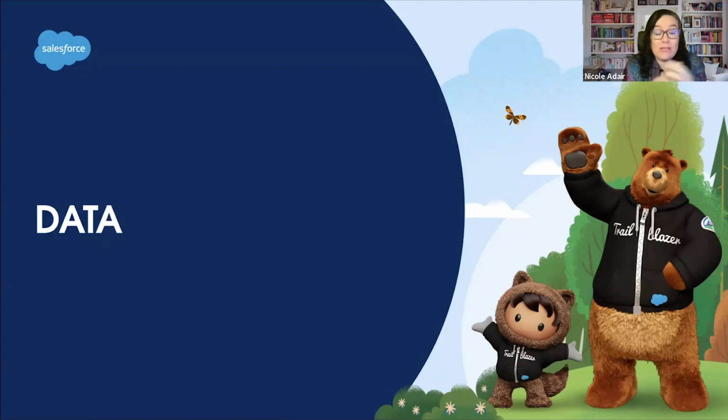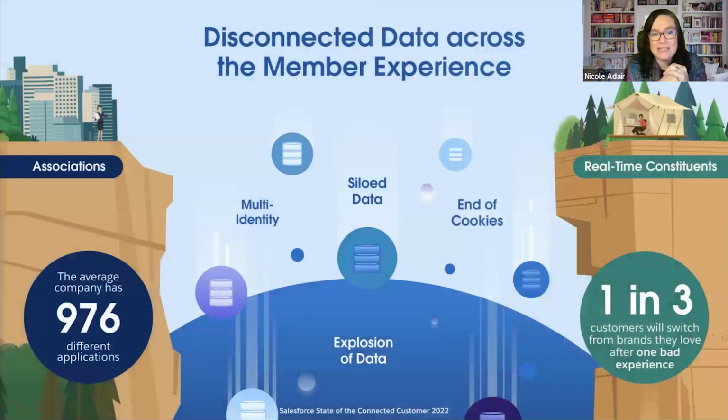And what that looks like, and the reason why we're doing this, if you go to the next one, is that many organizations have data all over the place, right? So I think 976 applications for the average company sounds crazy high to me, but I have had association customers tell me they have 200 or more.